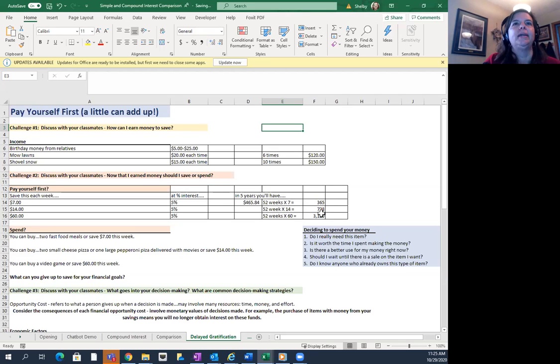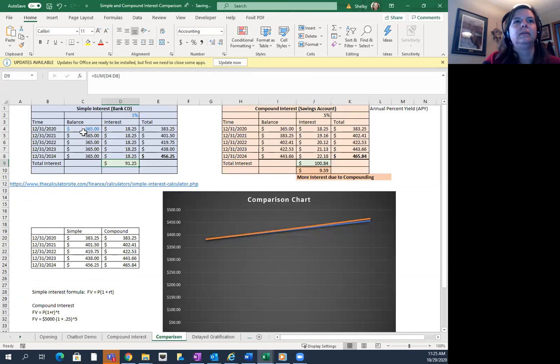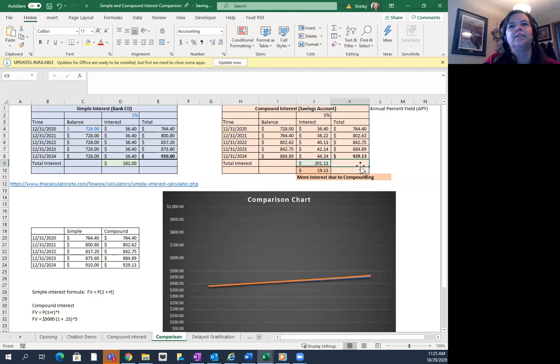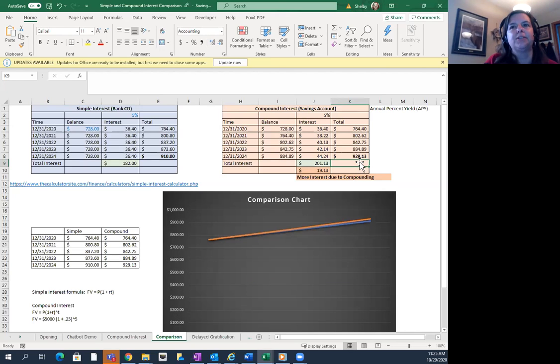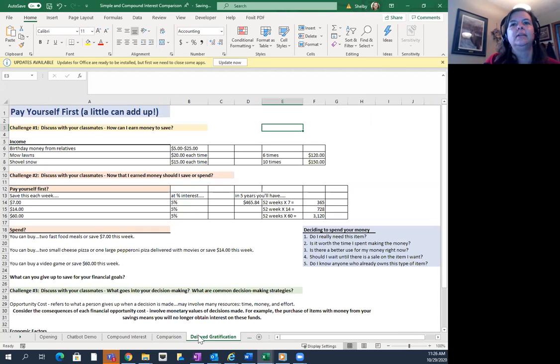So 728. Let's go plug that number in. So now you can see how it's growing a lot more, and that's just by putting $14 away. You got 929.13. Let's look at the next one here.